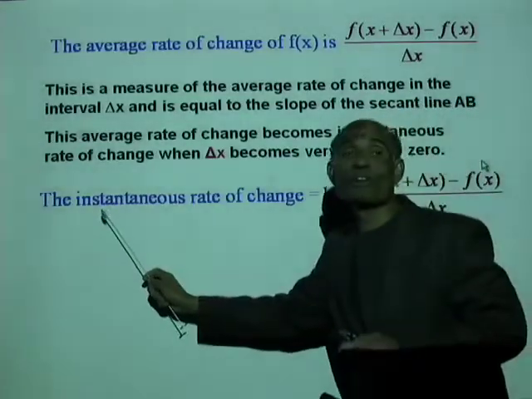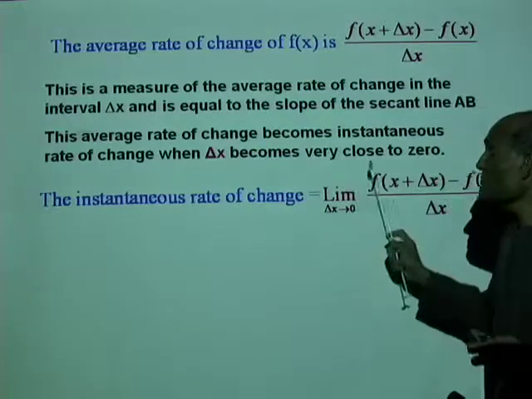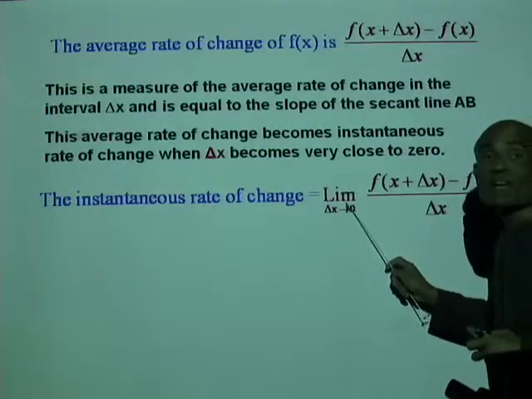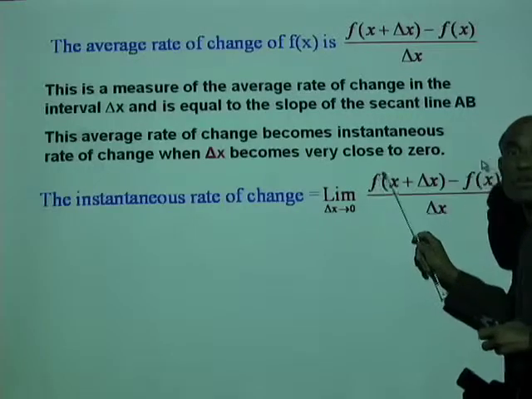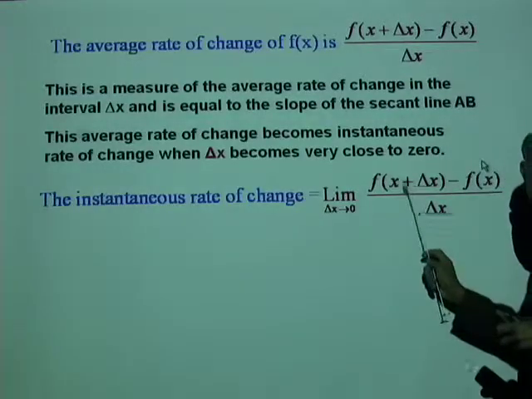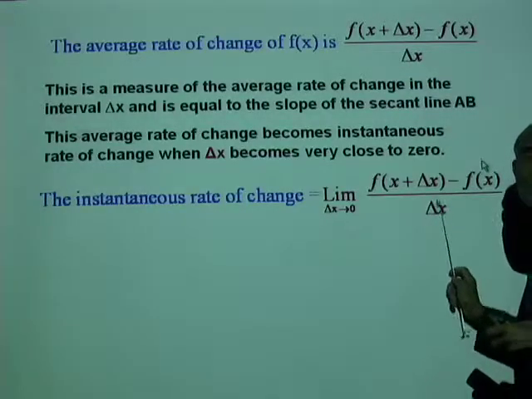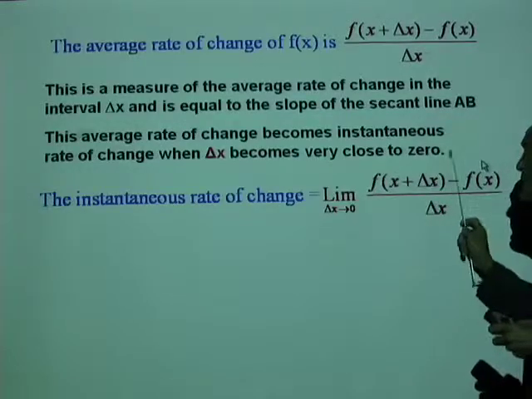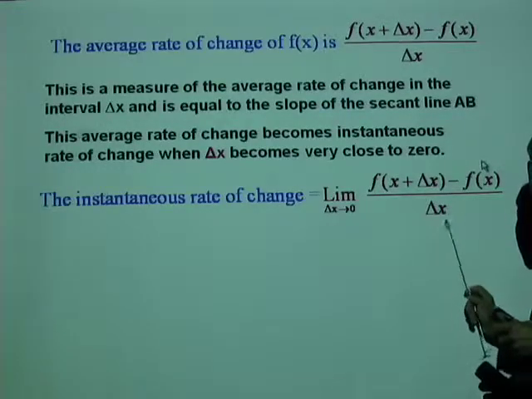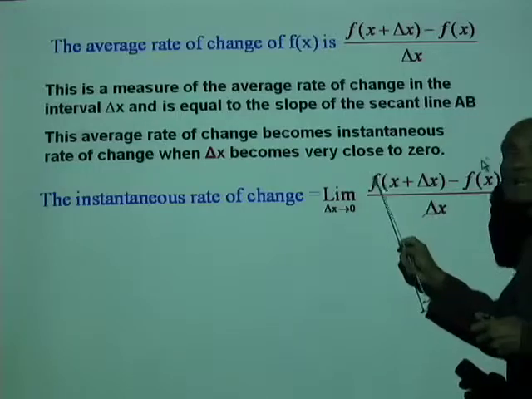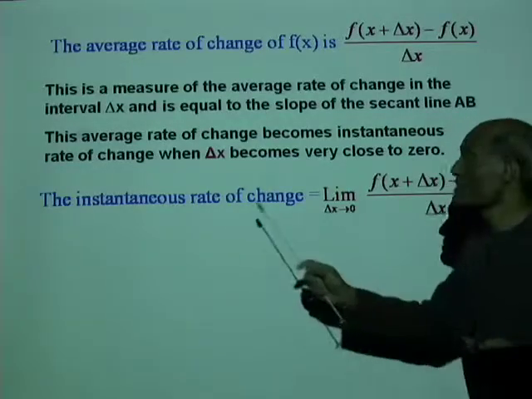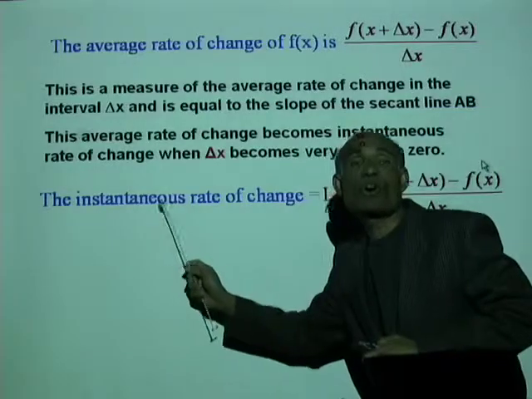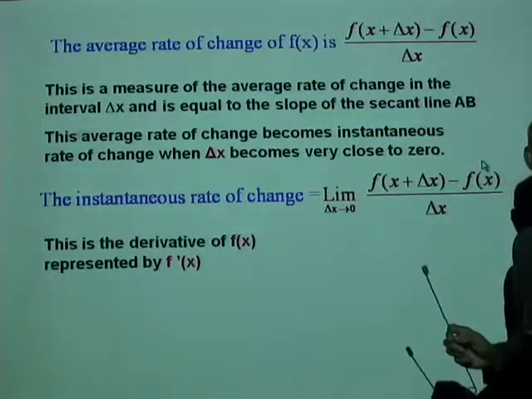And therefore, we say instantaneous rate of change is the limiting value when delta x approaches zero, the change in the function value divided by the change in the input. The change in the output divided by the change in the input. The limiting value of this when delta x approaches zero is what we call the instantaneous rate of change.